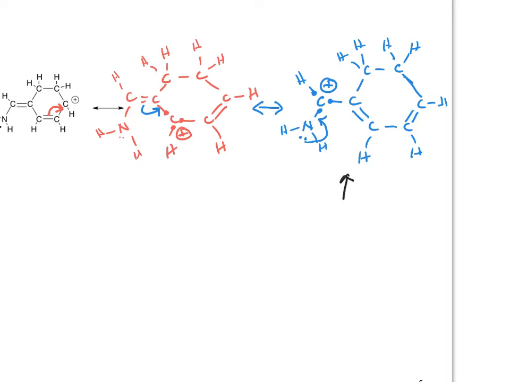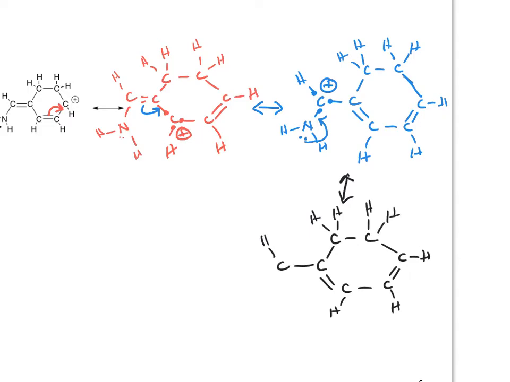So let's draw this out. We'll draw a ring first. Carbon, H. Now we have a double bond here in our nitrogen.